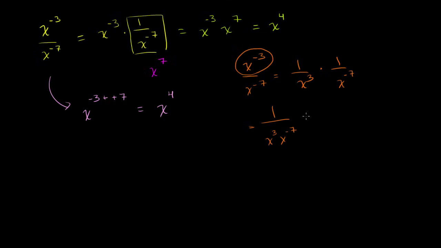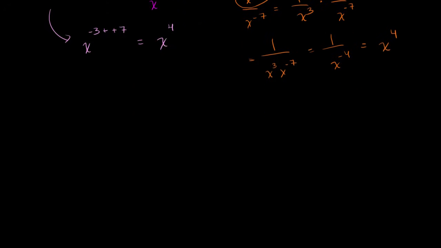You can add the exponents. So that's equal to 1 over x to the 3 minus 7, which is x to the negative 4. And then if we take the inverse of it, we can put a negative in front of this negative, making it a positive. This is going to be equal to x to the 4th. So no matter how we did it, as long as we're consistent with our rules, we got x to the 4th.